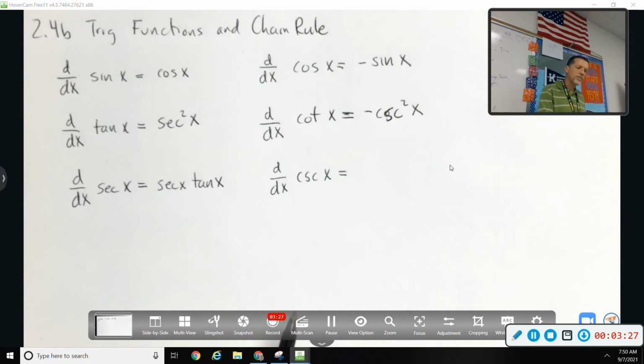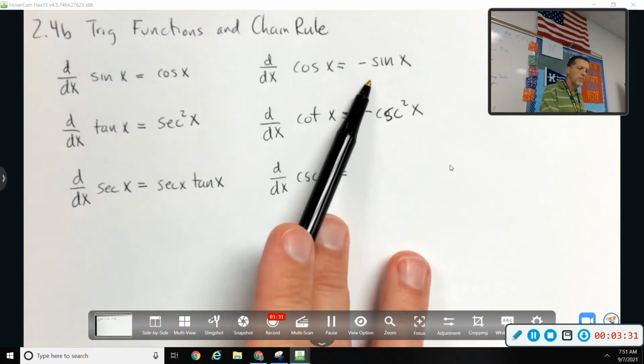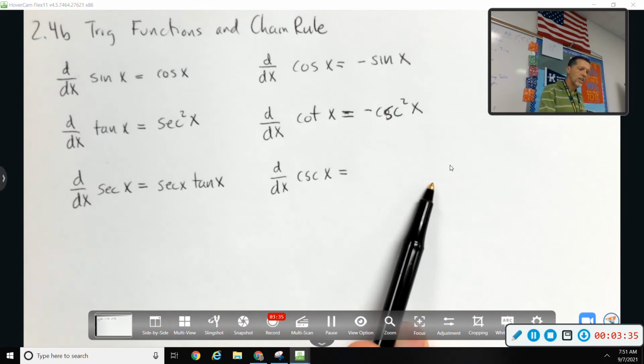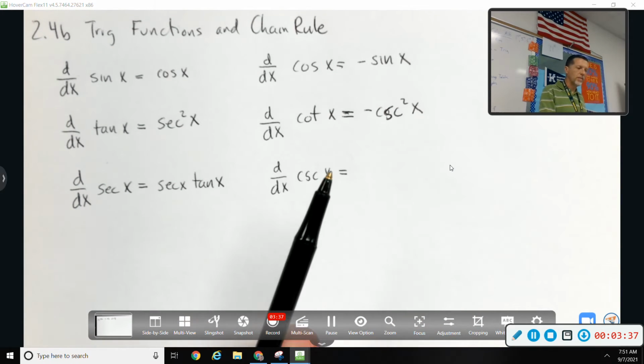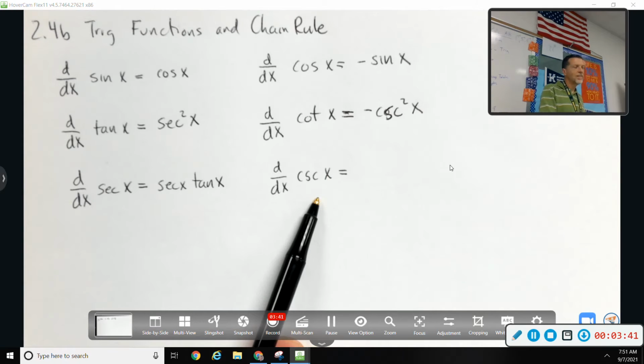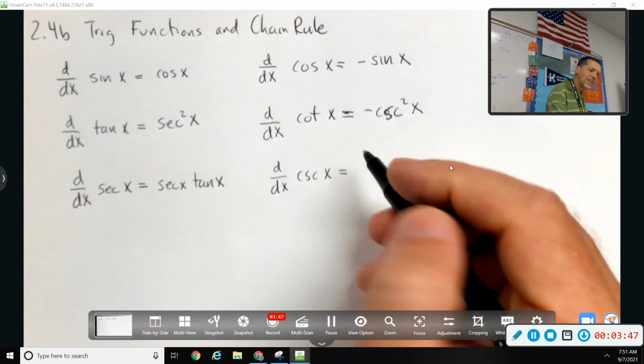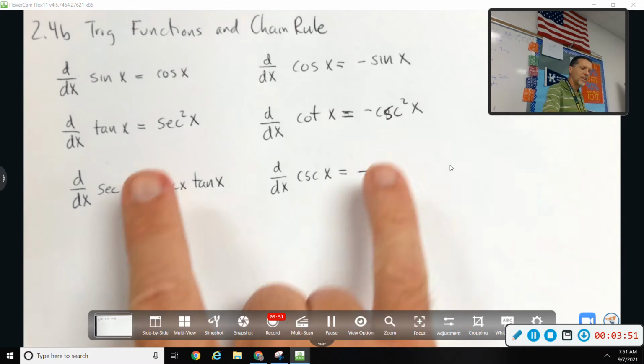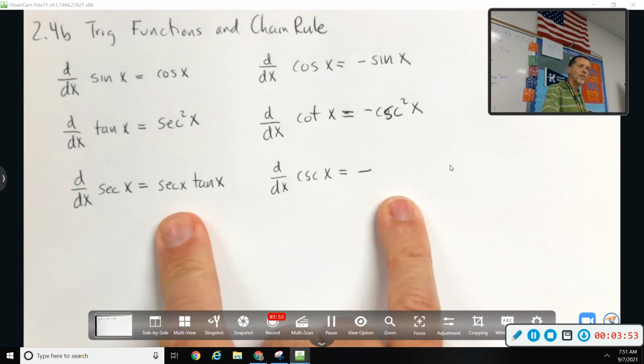Okay, pattern followers, pattern recognizers. Based on what you've seen so far, care to take a guess at what the derivative of cosecant is? Is it positive or negative? Negative. What do you think?